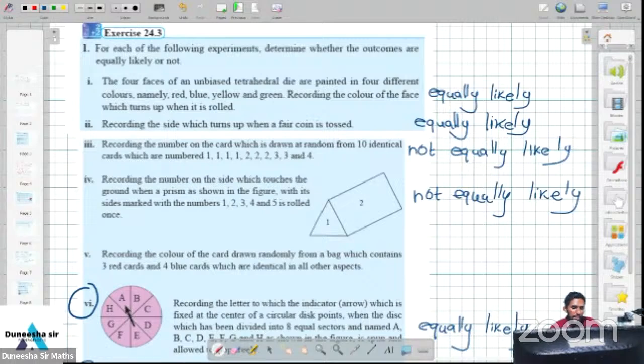What happens to the possibility? What is your possibility? Same or not? Not same. Yes, Sakia. So, is it equally likely or not equally likely, Sakia?